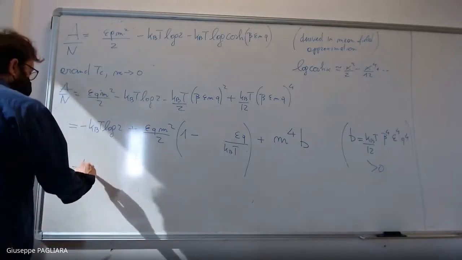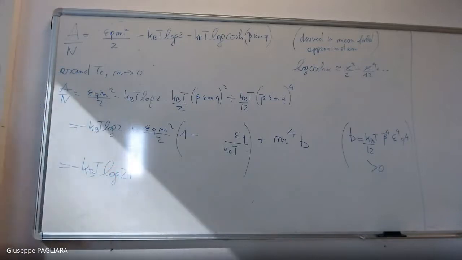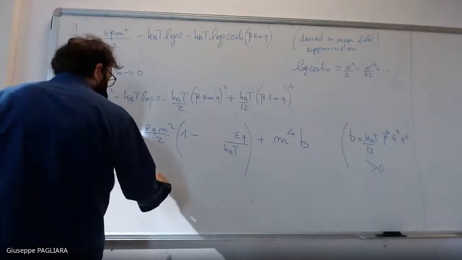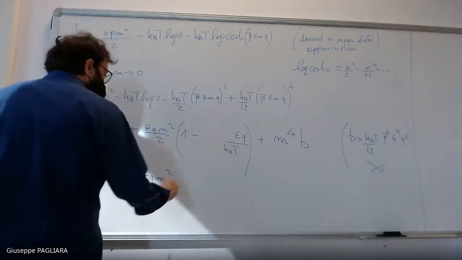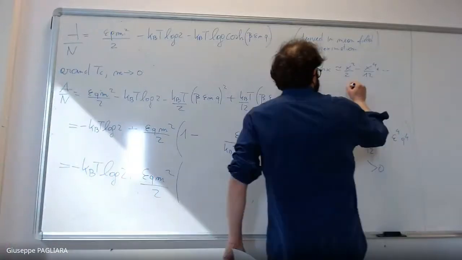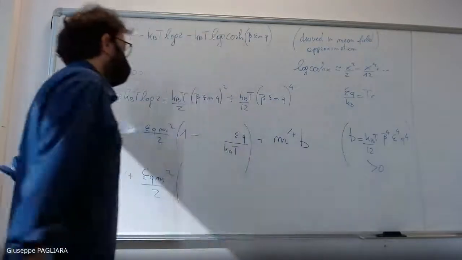Now this is equal to minus kBT log of 2 plus epsilon q m squared divided by 2, and here I have epsilon q divided by kB is just Tc, as we saw last time.